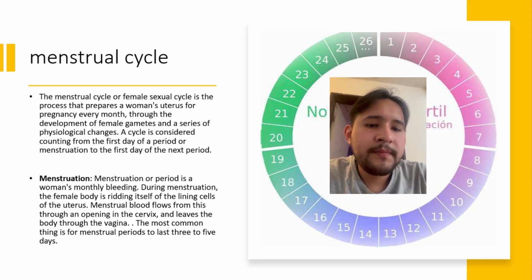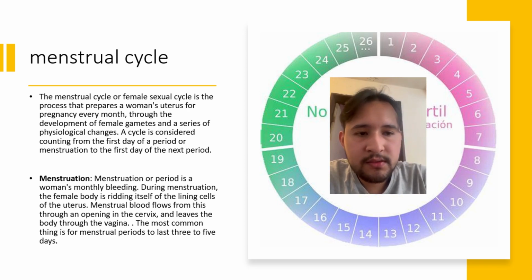Menstrual blood flows from the uterus through the opening of the cervix and leaves the body through the vagina. The most common thing is for menstrual periods to last 3 to 5 days.